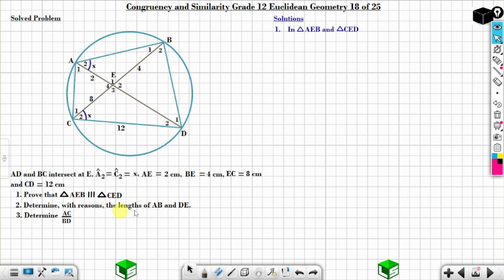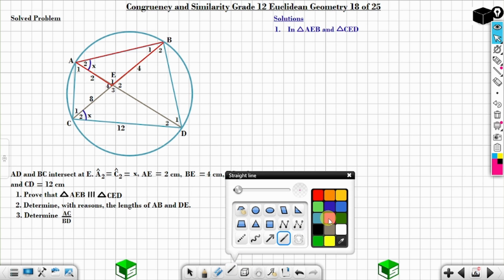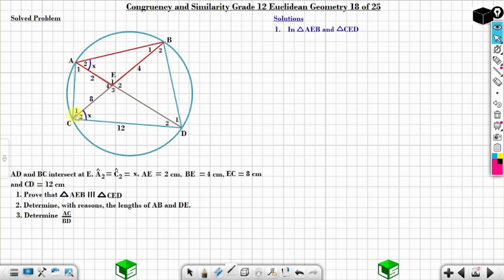Let me show you the two triangles. The first one is AEB, and triangle CED.